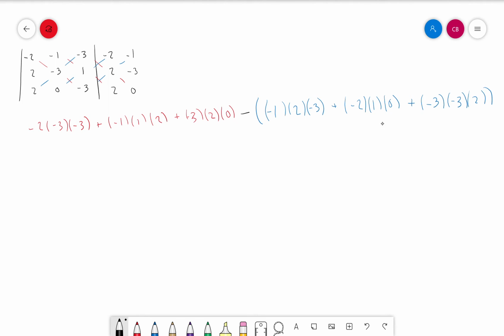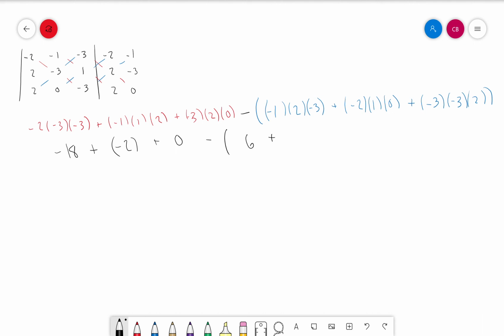This is going to be negative 3 times negative 3, that's 9, times negative 2, that's negative 18. Negative 1 times 2, that's going to be negative 2. And the next one's going to be 0. Okay, minus, parentheses around all this, negative 1 times 2, that's negative 2, times negative 3 is 6.